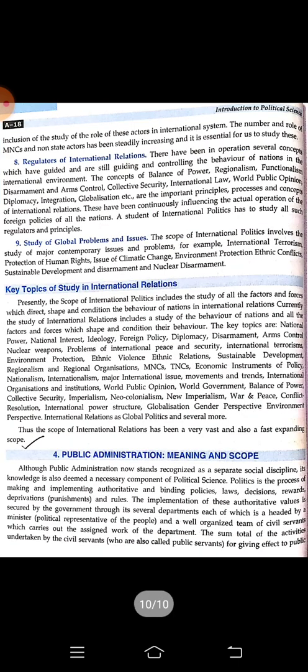It helps us solve global problems and issues. There are also MNCs, which we must not forget, which work as multinational companies and great traders between different countries. And then we have globalization. As I told you, in this globalization era, international relations is playing a very vital role.